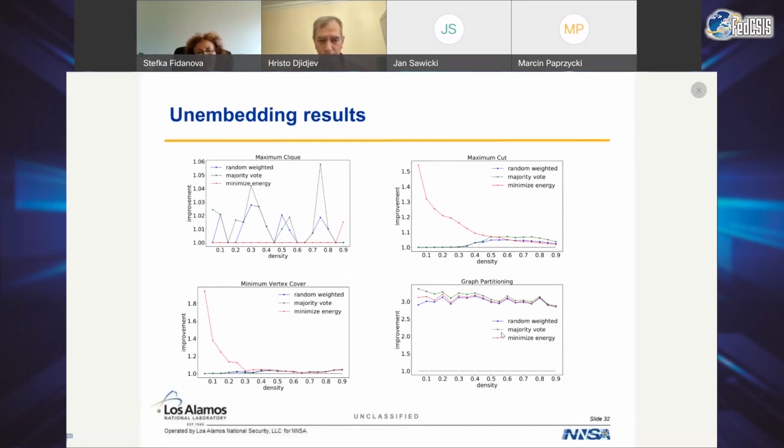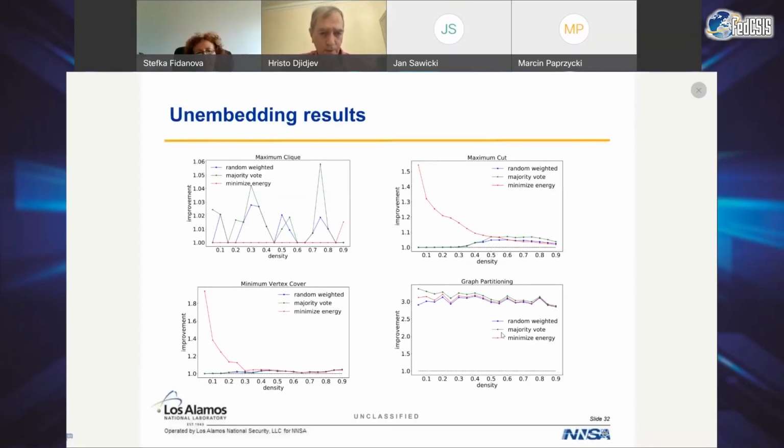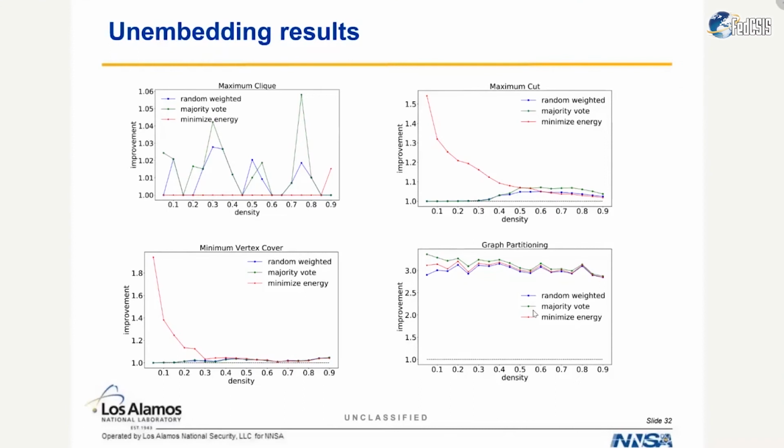Okay, so we have here some comparison. The bottom line is our algorithm, and it's compared to the D-Wave algorithms for different problems. So for the top left, the maximum clique problem, this is the case where our algorithm's performance is closest to the D-Wave algorithm. We have only up to 5-6% improvement, which is not much. And here, the best performing minimize-energy algorithm is actually almost as good as ours.